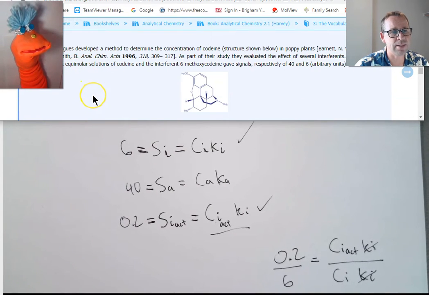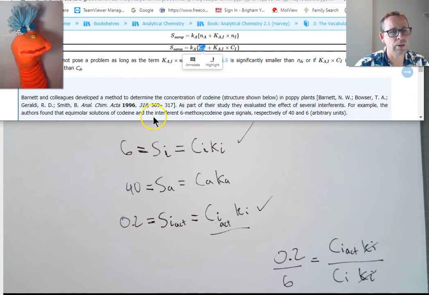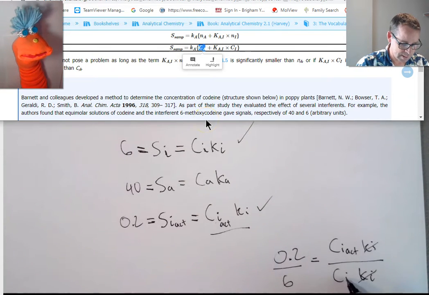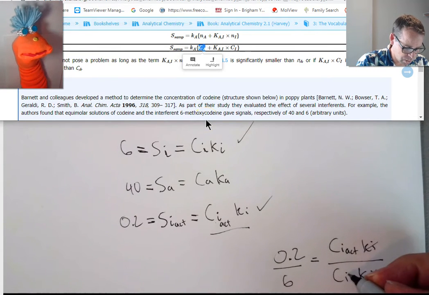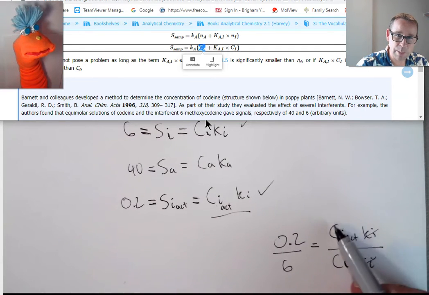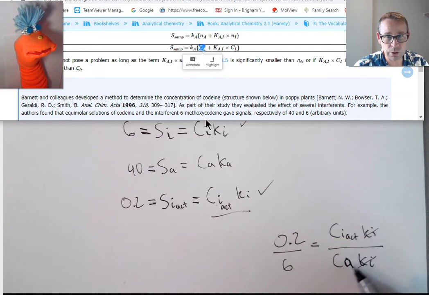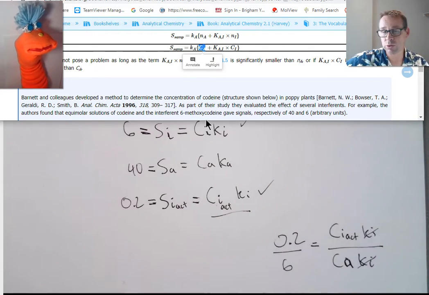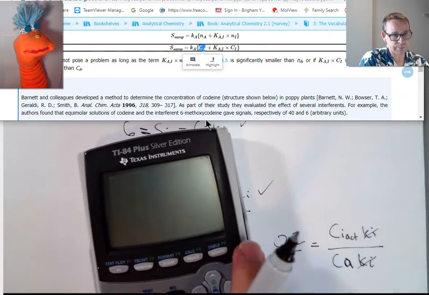That's right. They have the same concentration, right? So this Ci is also the concentration of the analyte. So that's good. It shows us the ratio of our acceptable interferent to the analyte. Okay?